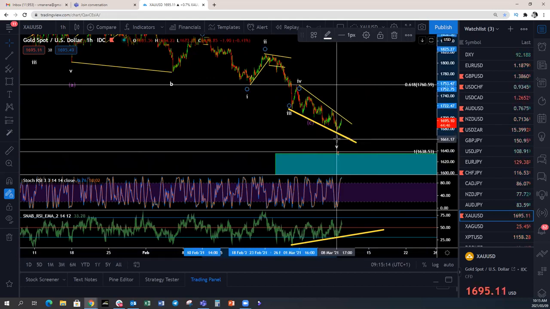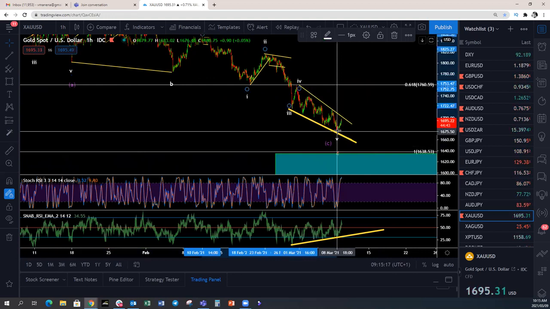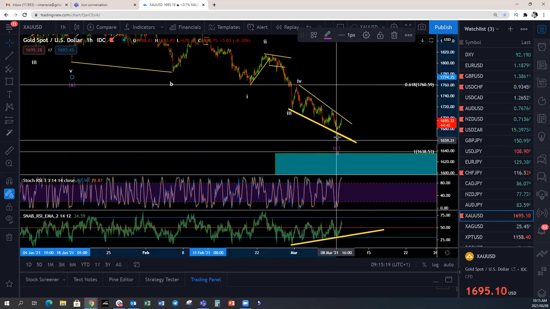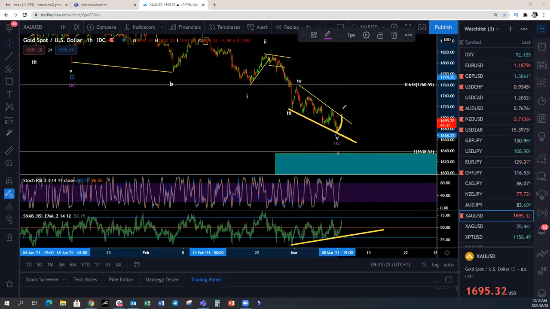Even if we don't reach the blue box, remember, it is not a requirement to reach the blue box, as long as the overall structure still makes sense. Can you start seeing gold do this? We are seeing weakness in the US dollar, so that's why we're seeing maybe this slight bounce on gold and a slight bounce on euro. Let's see how far those are going to go.